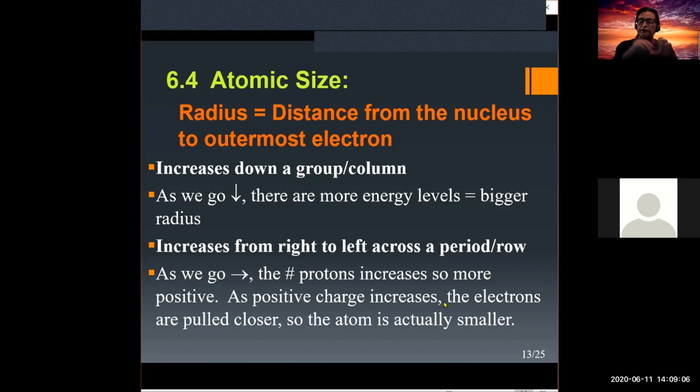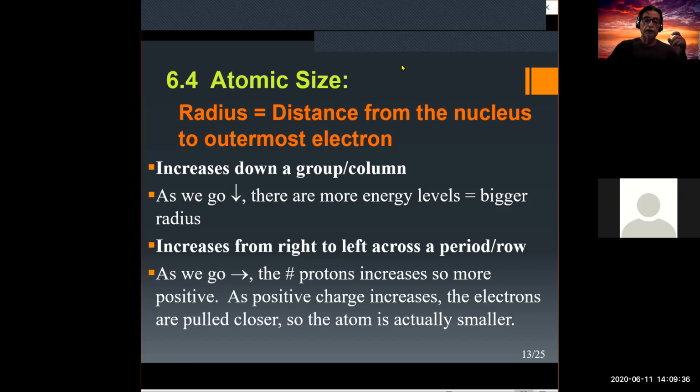Because as we go across the periodic table from left to right, what's increasing? We are increasing the number of protons, and we're increasing the number of electrons. There are more electrons and more protons, and that force brings them together, because positive and negative want to attract each other. They pull the electrons in.